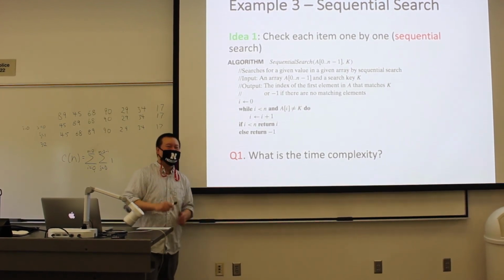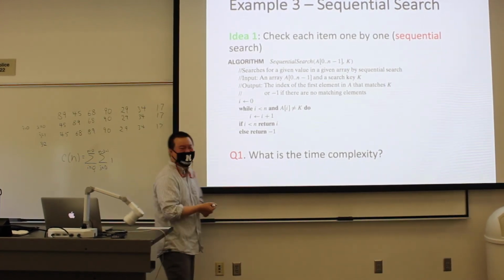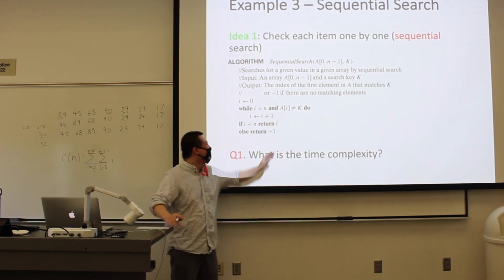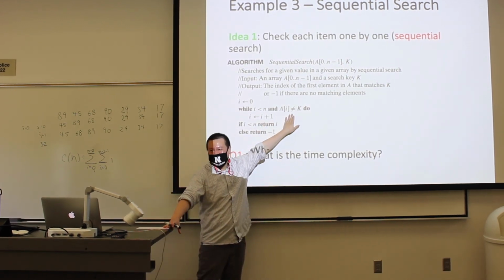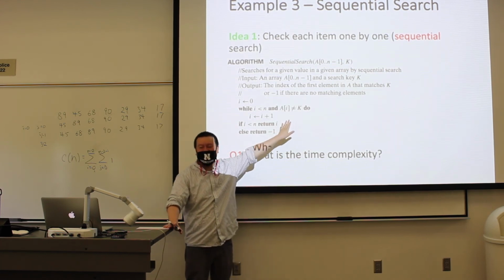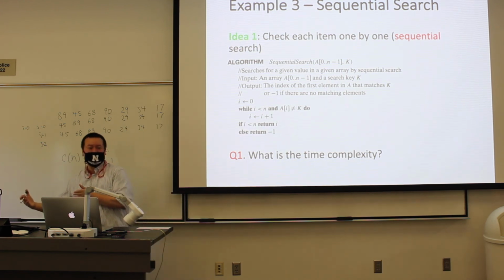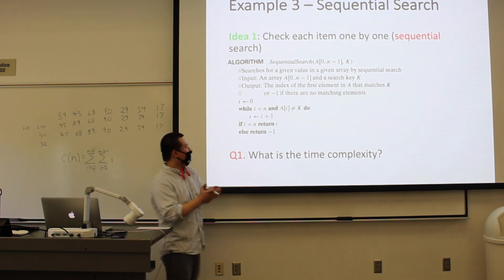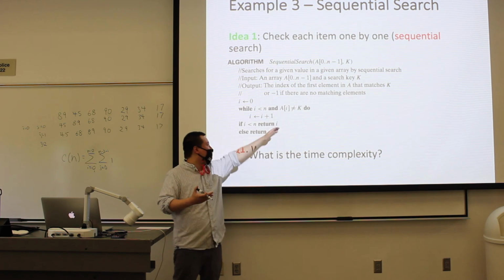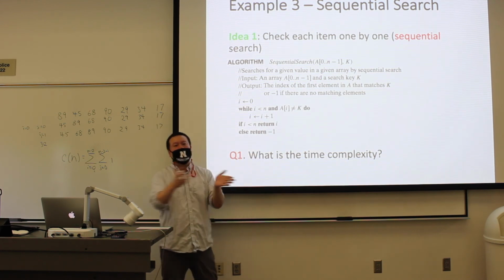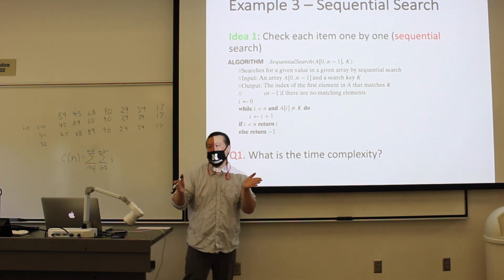Yeah, that's what Andrew said. So this is the basic operation, right? The comparison. And essentially what's going to happen is that at the end, we might need to go through all the elements in the array. And either we find it or we don't. If we don't find it, then we might just exhaust the whole array. And the running time is n.